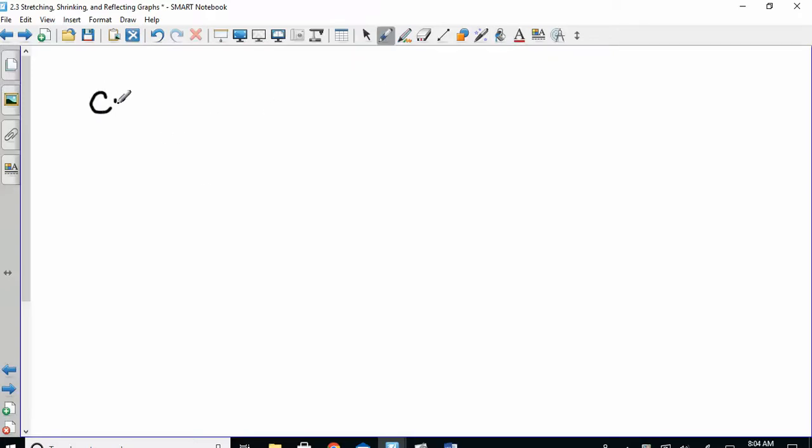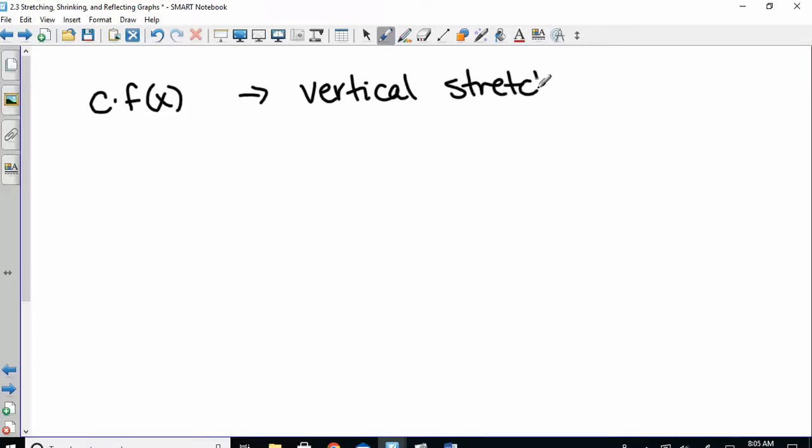So if you multiply a number on the outside, it will be a vertical stretch if C is bigger than 1.